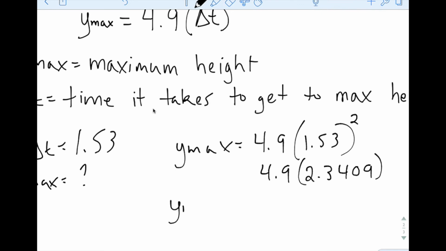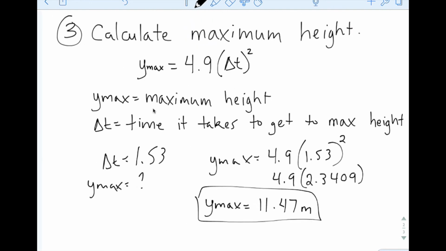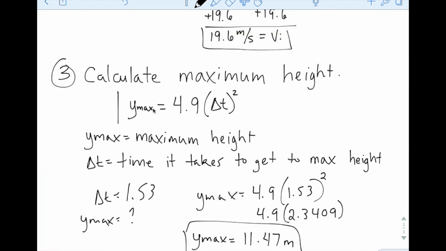So Y max, the maximum height, is 11.47 meters. So that's our new thing, all right? Let's go ahead and make sure that you box that equation in and highlight it. There we go.